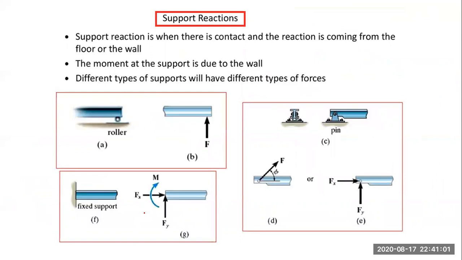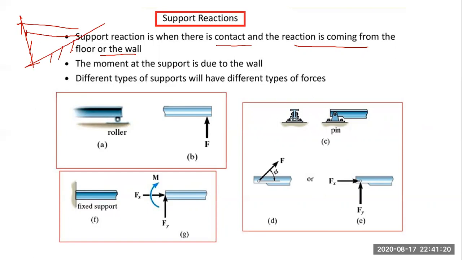So, what is support reaction? Support reaction is when there is a physical contact and the reaction is coming from the floor or the wall. Say a ladder is placed like this.